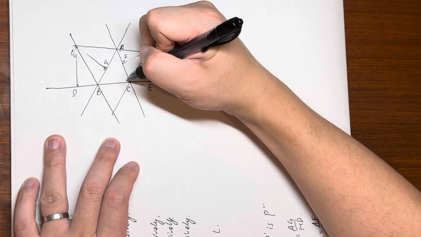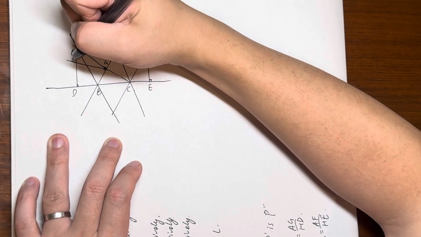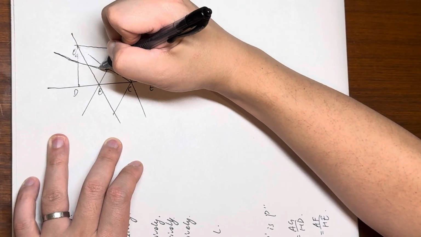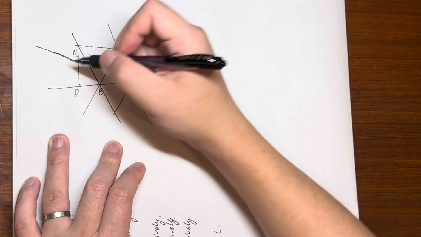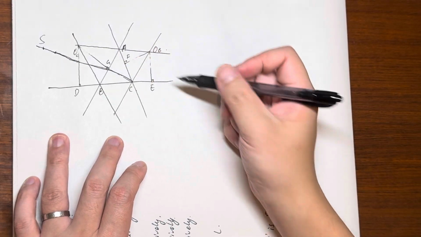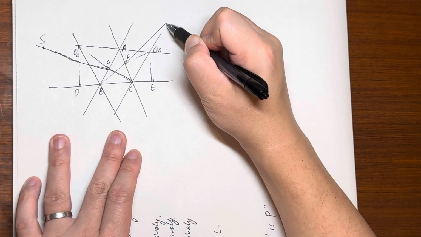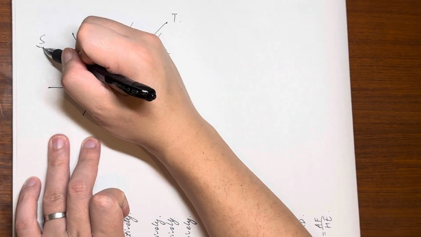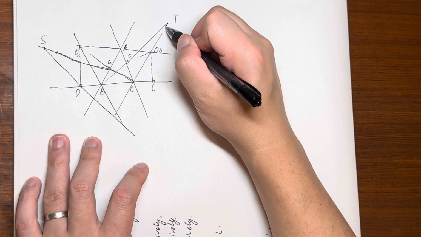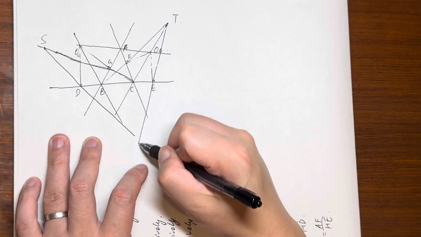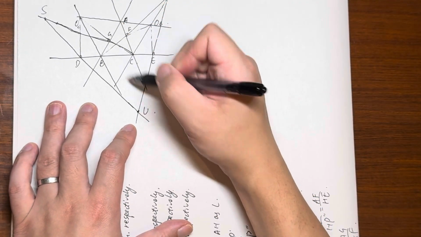So CG meets the circle OC on a point, let's call it S, and the BF meets the circle OB on another point, call it T. Then we want to prove that the intersection point of SD and TE, these two lines meets on a point U. We want to prove that AU is perpendicular to BC.